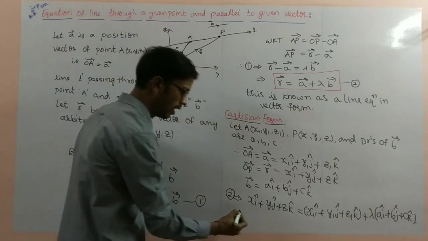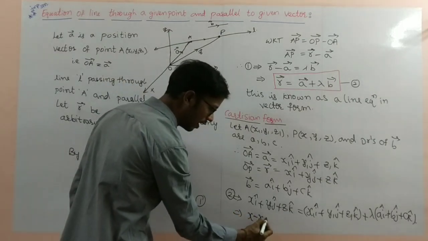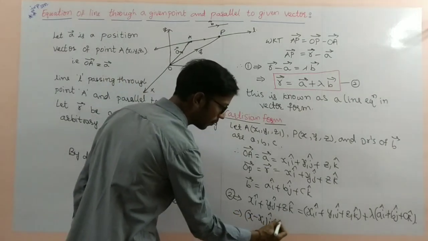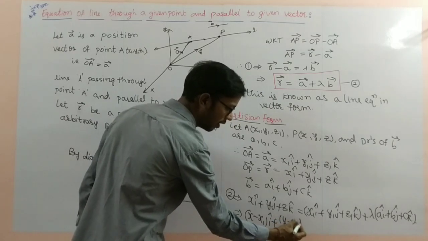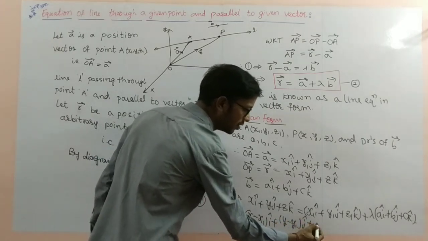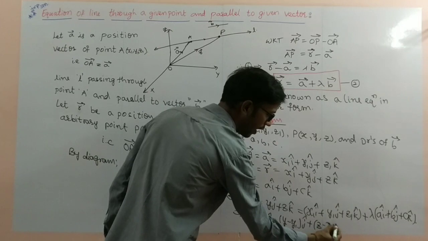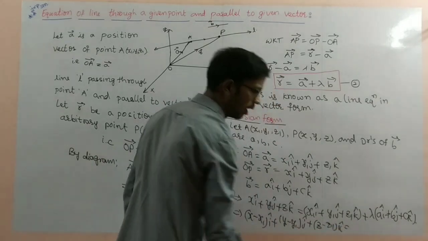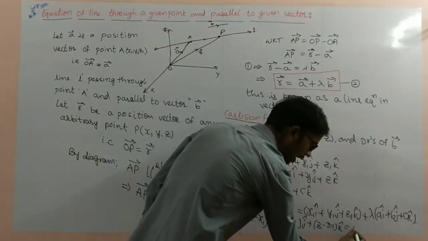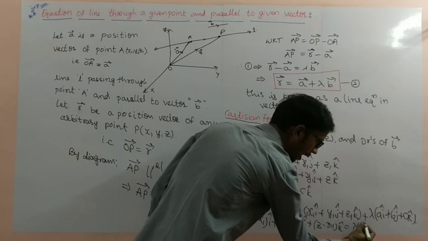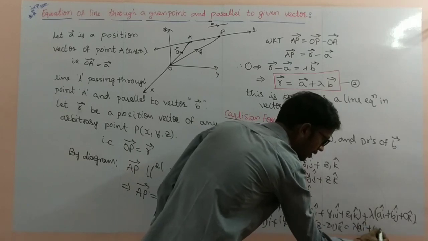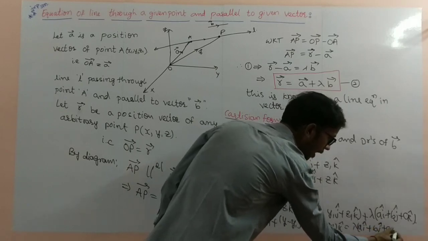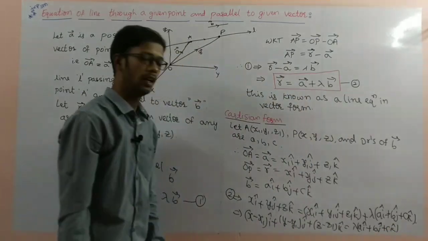At that time you will get (x minus x1) i cap, (y minus y1) j cap, (z minus z1) k cap equal to lambda (a i cap, b j cap, c k cap).